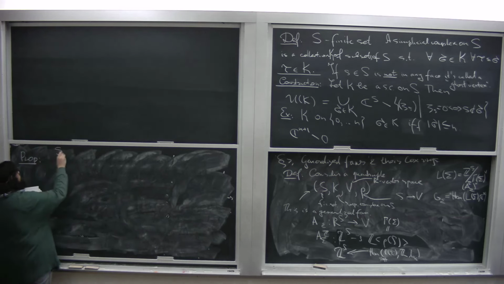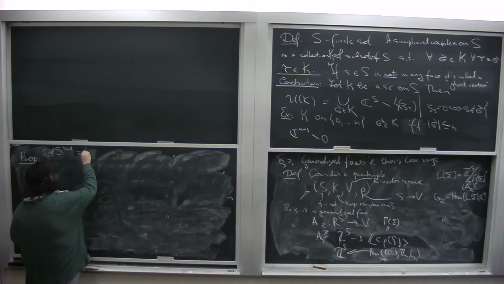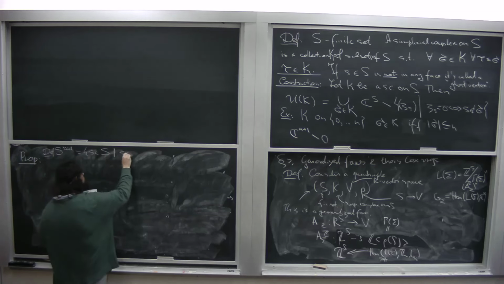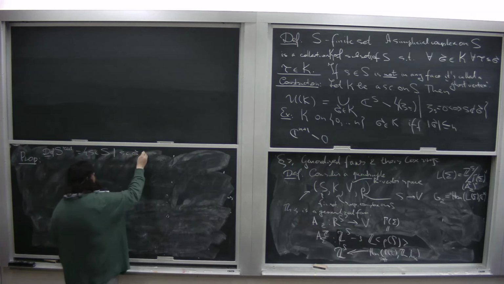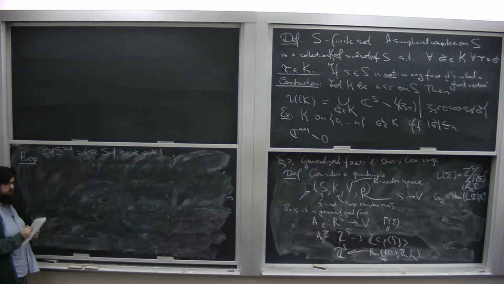So first of all, let me define S read as the collection of all small s in S such that s belongs to sigma for some sigma. So S minus the ghost vertices.